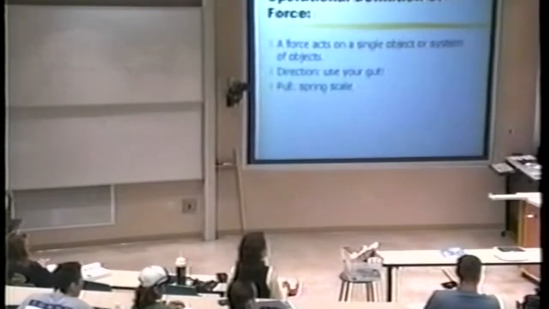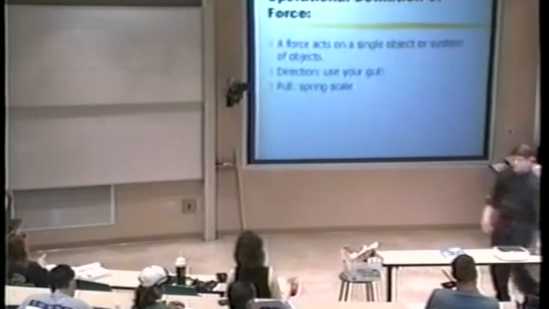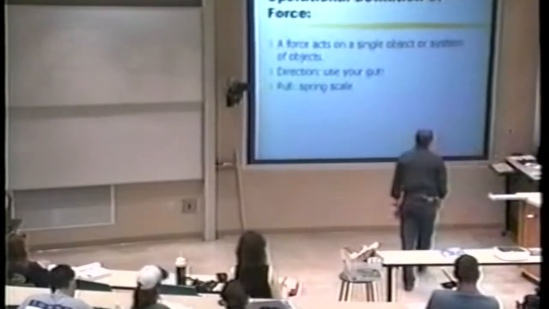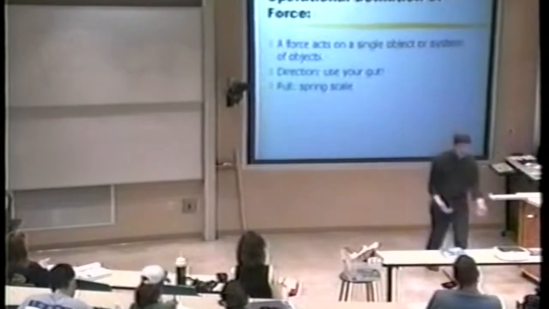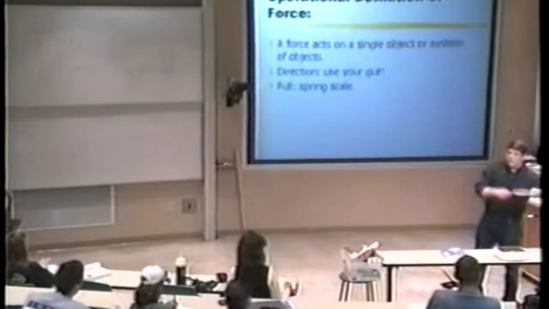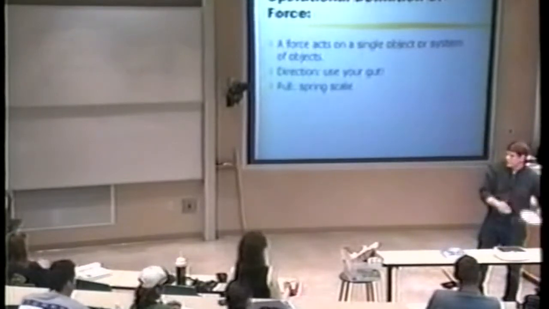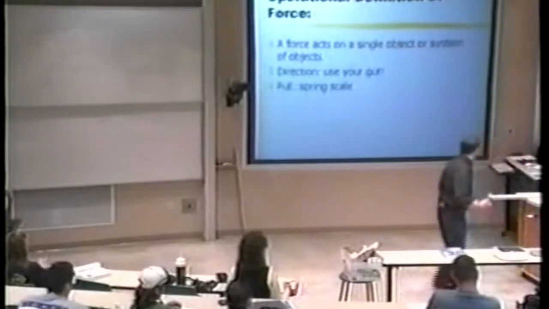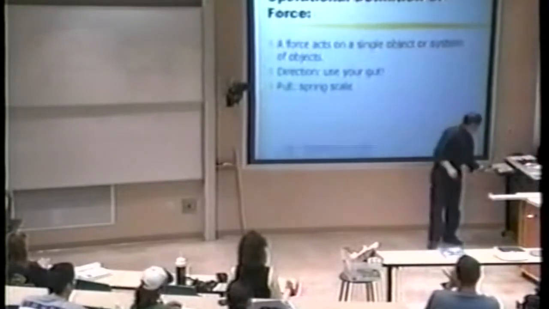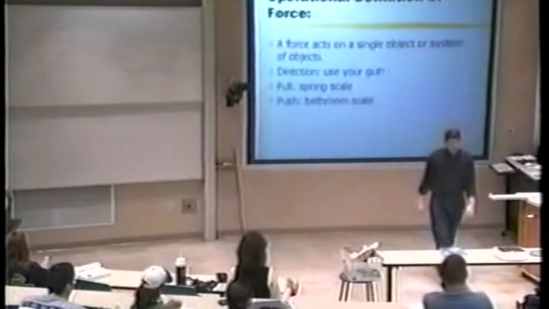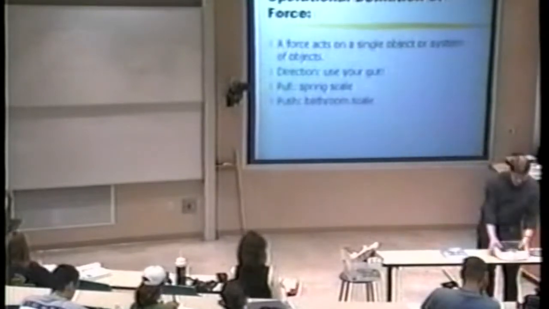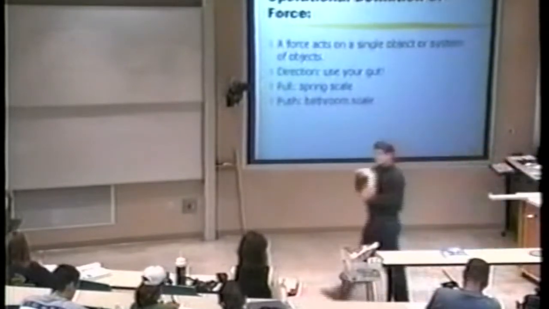And now, the reading on this spring scale, I will define operationally to be the magnitude of the force that I was exerting before. Now, with a push, this is just not going to work. You push on these and you don't get a reading. Only with a pull do you get a reading. So if I push, I'm going to use a different operational definition. Bathroom scale. Okay?